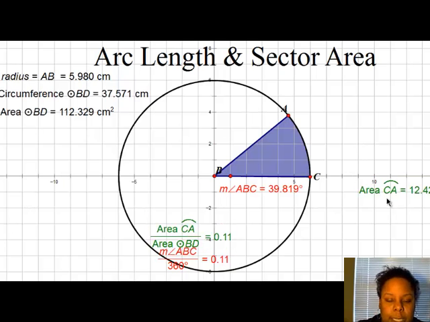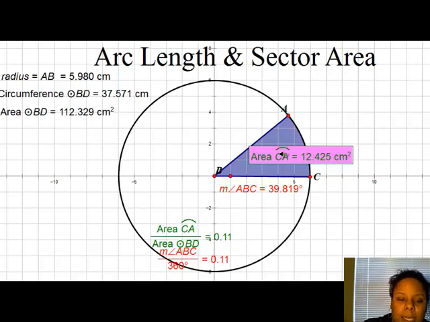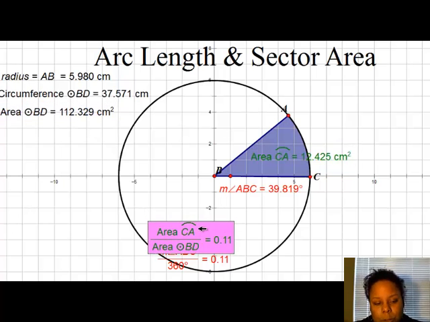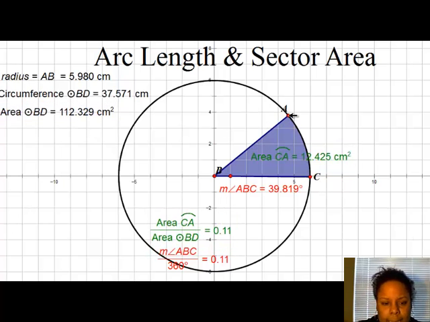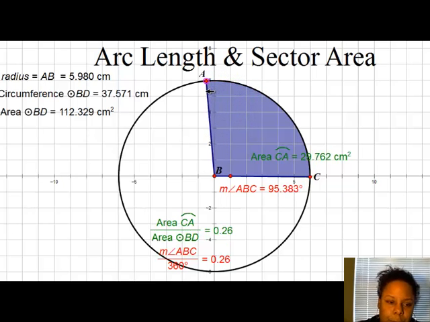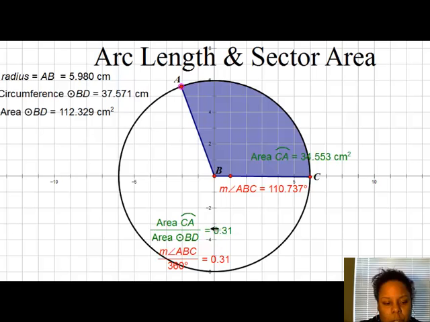Here's the area of this sector, and as you can see, the ratio between the area of the sector and the area of the entire circle is the same percentage as the ratio between the angle of the sector and the angle of the entire circle, which is 360. So those ratios are the same, and as I move A to increase the area of the sector, I can see that the ratio between the two pretty much stays the same.